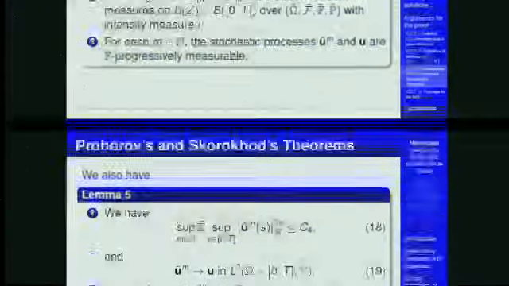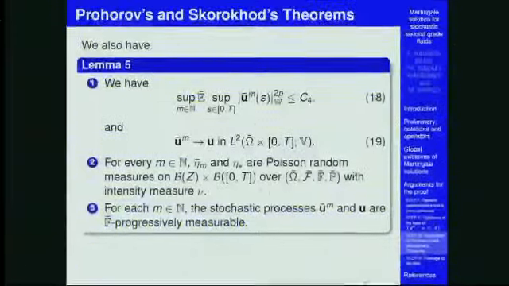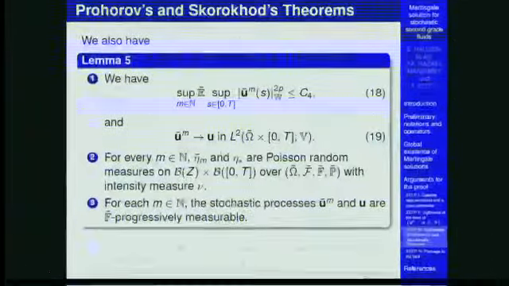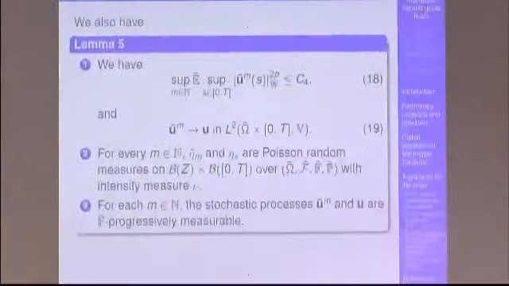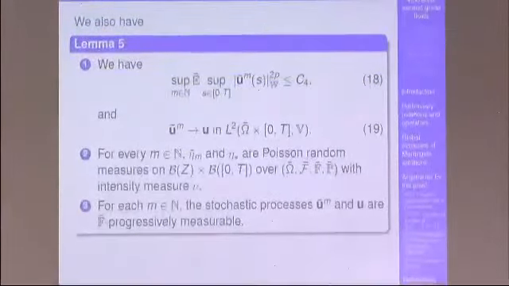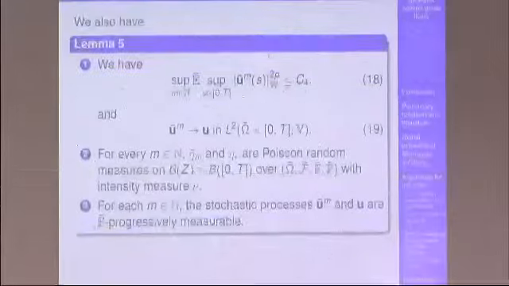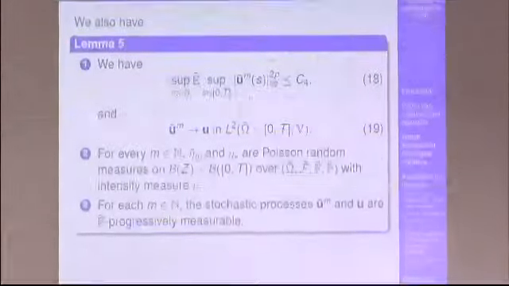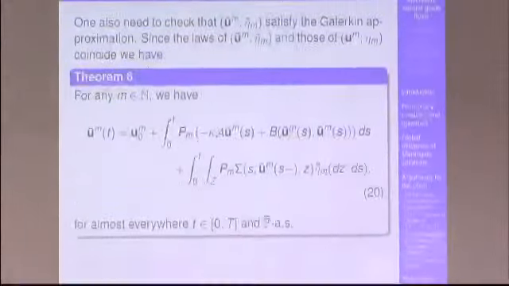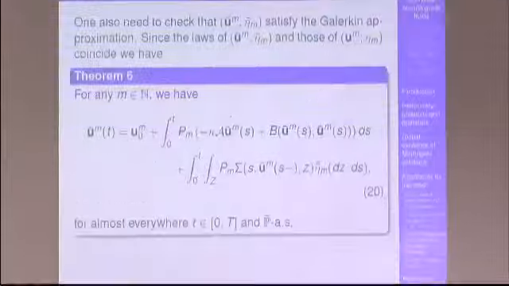To do that, we exploit our a priori estimates to prove that for any epsilon positive, we can find a compact in this space, such that we have this. The comma should be here, sorry. And then secondly, we prove that there exists a constant C positive, such that this estimate holds.